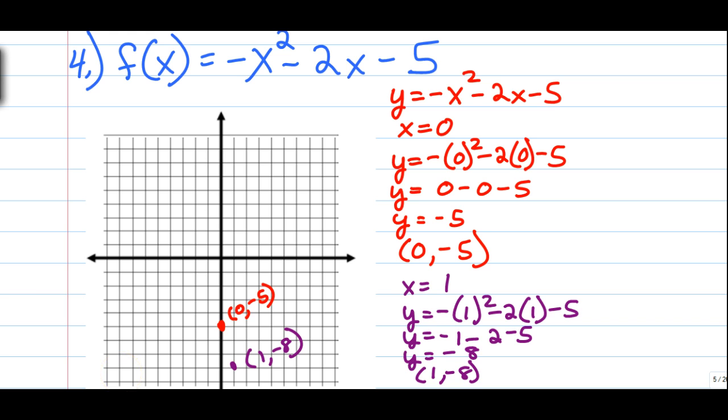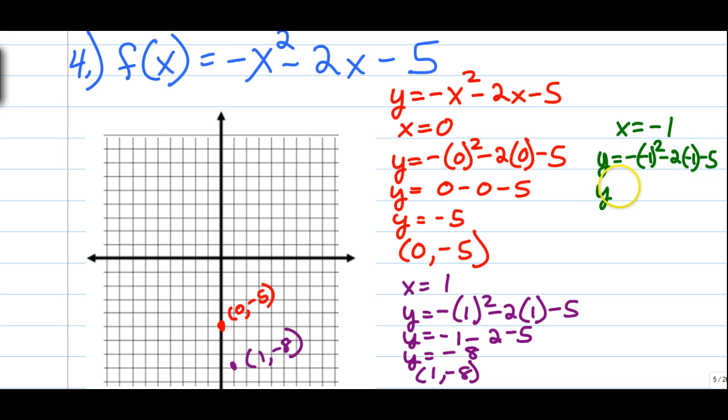Let's try to find a value on the left side and see if that helps us see where our parabola is going. Let's now try -1 and see where it graphs. So I'm going to come in here and choose x equals -1 and plug it in. So I end up with y is equal to negative (-1) to the second power minus 2 times -1 minus 5.